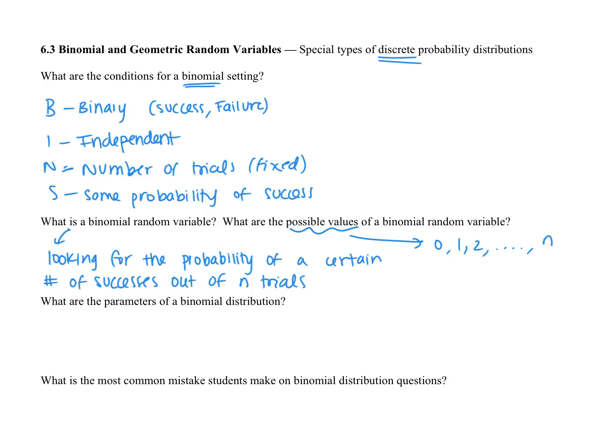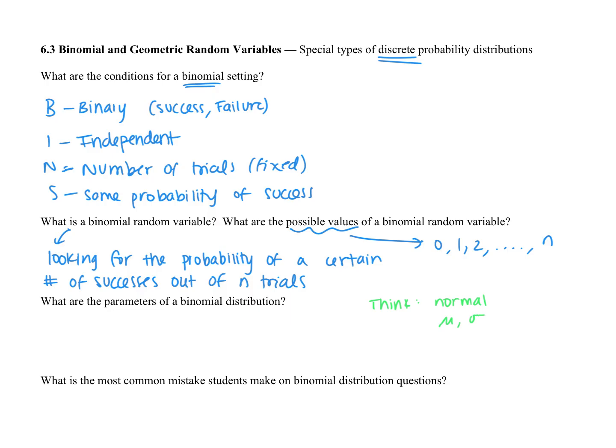Okay, parameters. I'm going to do this off to this side. If we think of a normal distribution, what are the parameters for a normal distribution? So in other words, when you write normal, what are the 2 things you always have to write along with it that define the distribution? Mean and standard deviation. Thank you. Mean and standard deviation. So that's for a normal distribution.